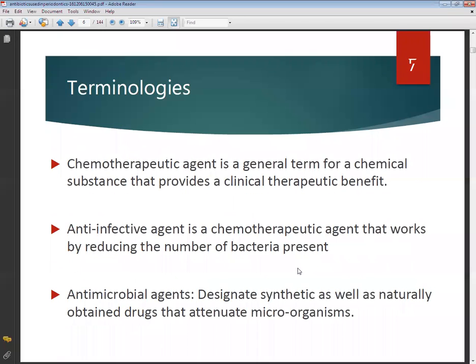Now, as you know, periodontal disease is a multifactorial disease, and multiple bacteria are involved in the progression of the periodontal disease. To treat these bacteria, the first line of treatment is non-surgical therapy. As we know, non-surgical therapy is scaling and root planing.